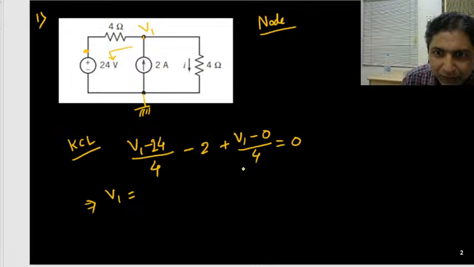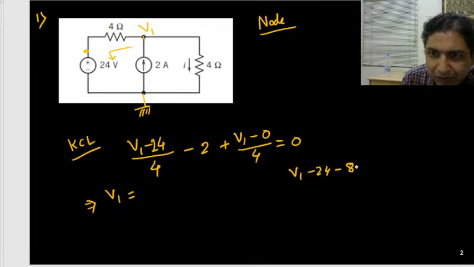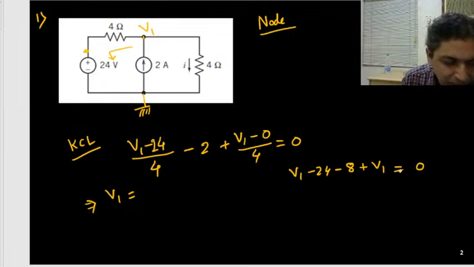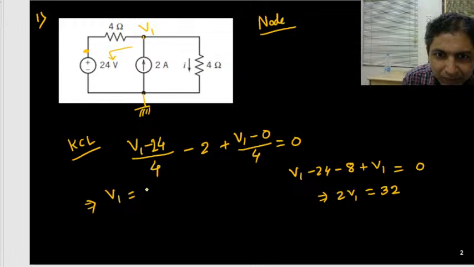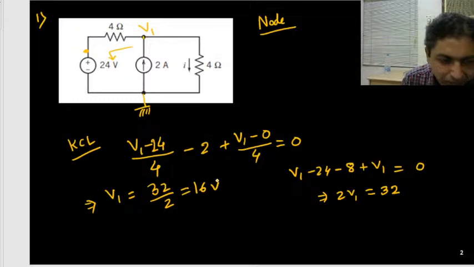Okay, we can simplify this circuit this side. So this is your V1 minus 24 minus 8 plus V1, that will be equal to 0. That means 2V1 equals 32. So what is V1? 32 upon 2 means 16 volt.